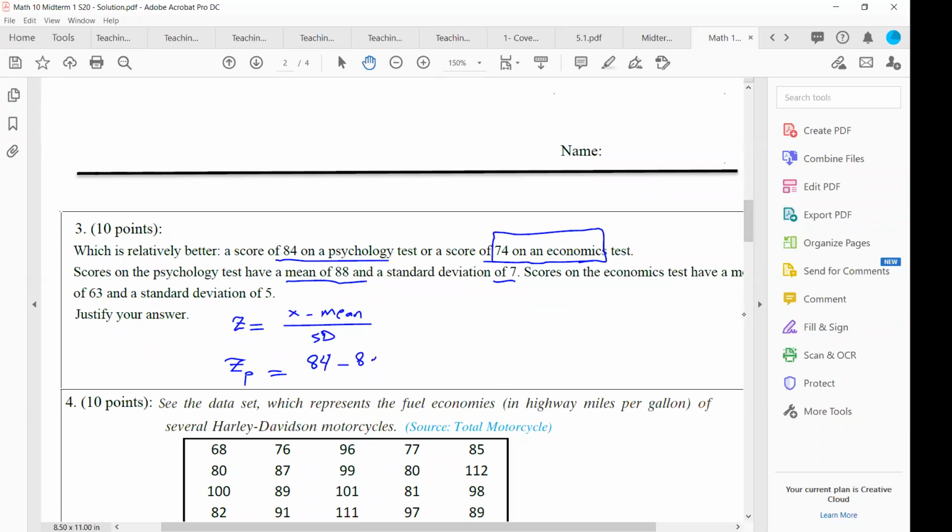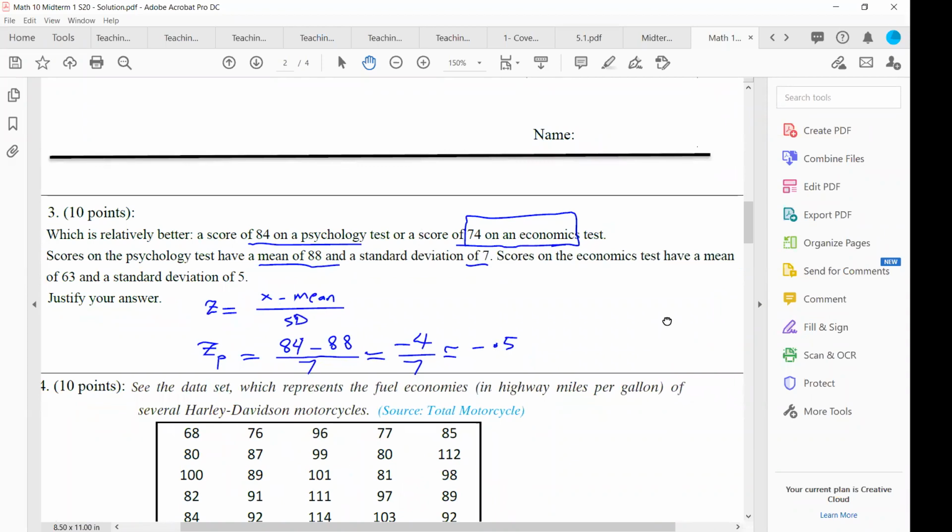The mean is 88 and standard deviation is 7. On the numerator, if you do the subtraction, you get minus 4 over 7, which is roughly negative 0.5.